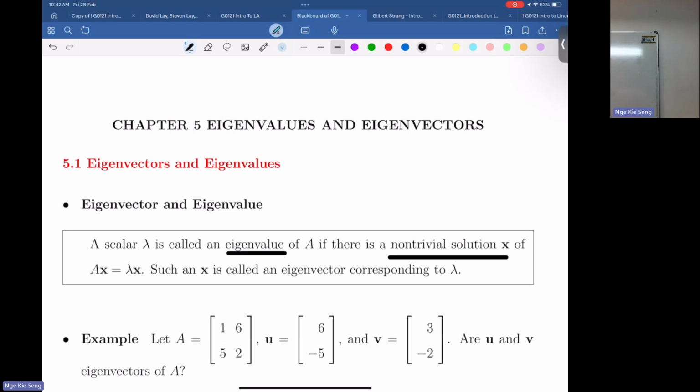Such an x is what we call an eigenvector that corresponds to this lambda. So the eigenvector is attached to this lambda. One lambda may have more solutions, like what we calculated before, right? A linear equation could have more solutions here. But let me ask you, if I want to satisfy this equation, what do you need to solve for actually?